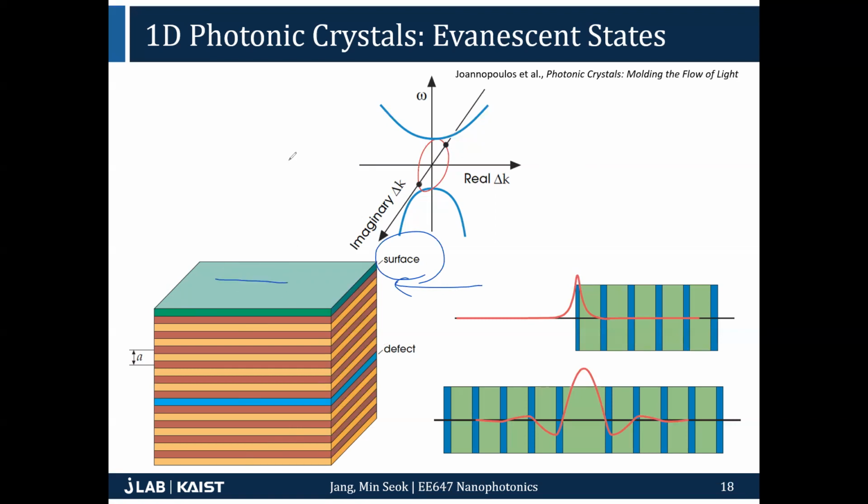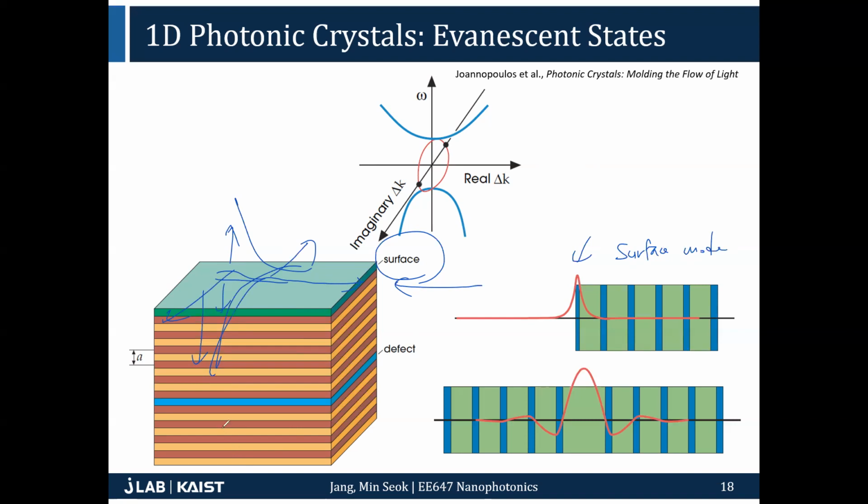At the surface, we can imagine a mode confined on the surface, which is exponentially decaying as we move away from the interface, like in this plot. And this mode, even though it cannot propagate along the z direction, can propagate along the surface parallel direction, right?